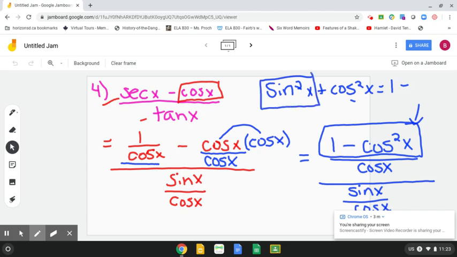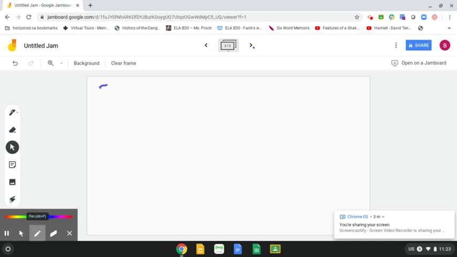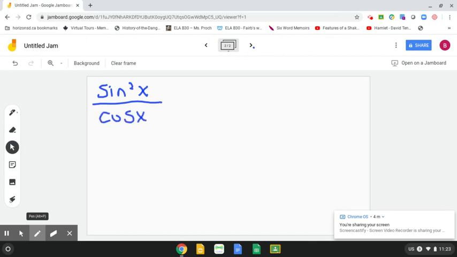Okay, so I need to go to a new piece of paper. So sine squared x over cos x, and then that was divided by sine x over cos x.